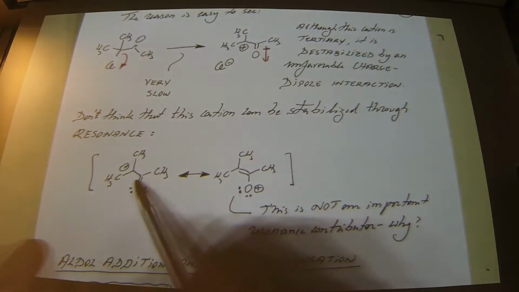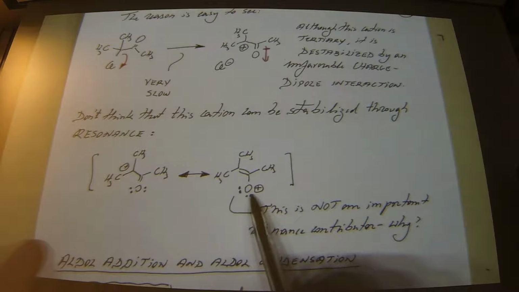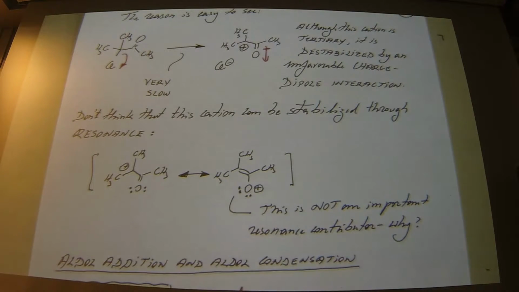The resonance structure places a positive charge on oxygen. Now, what did we say about positive charges on electronegative atoms like oxygen? It's only okay when the oxygen atom has a complete octet. But this is an electron deficient oxygen atom that's missing its octet, and it has a positive charge, therefore no good.